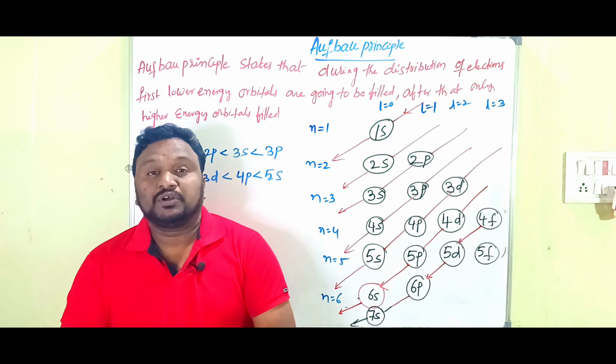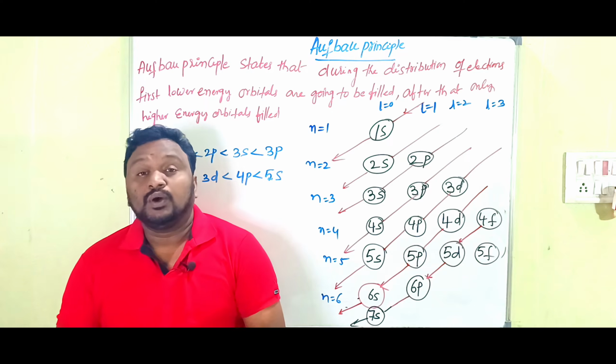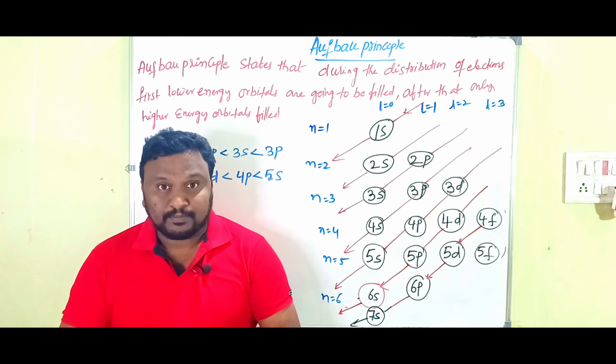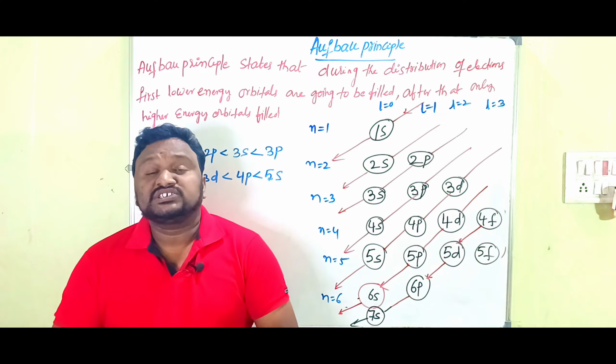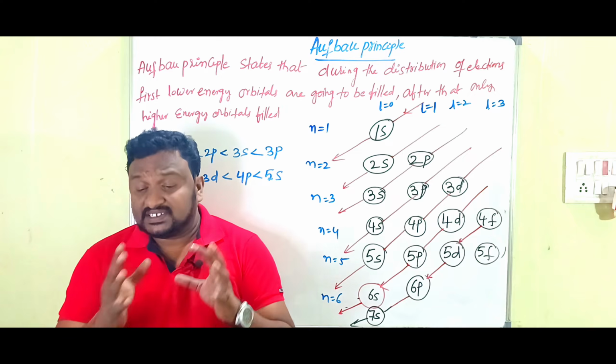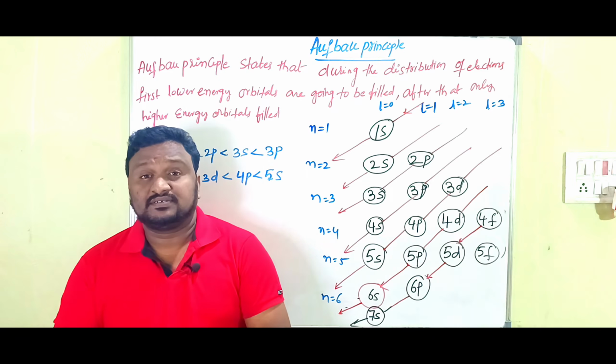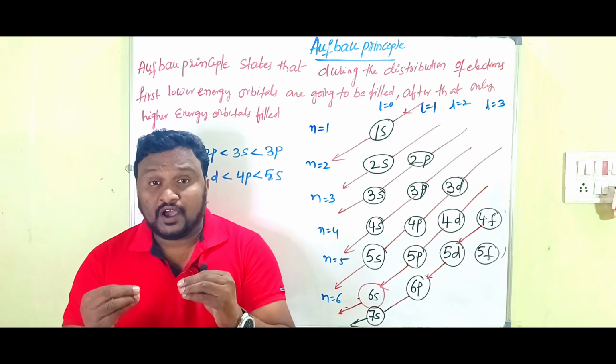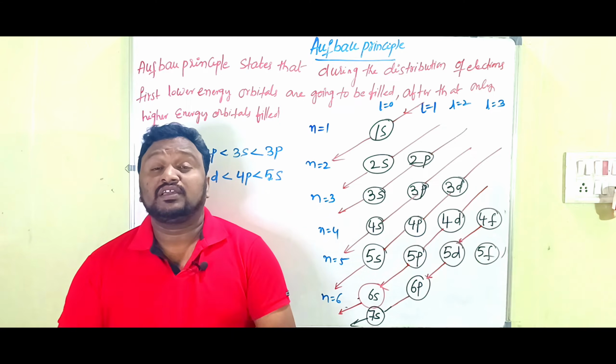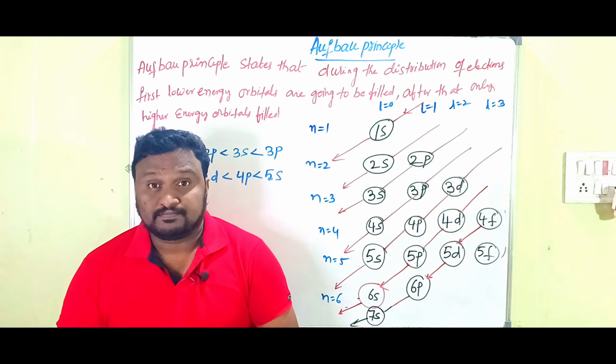So first we can go for the Aufbau principle. What is the Aufbau principle? During the distribution of electrons into the shells and subshells, first we have to fill the orbitals which have the least energy.